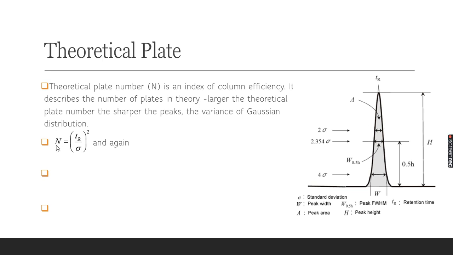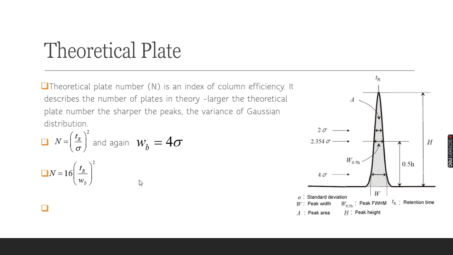So the number of theoretical plates is TR squared by sigma squared, and the width of this peak at half height, that is called WB, is equivalent to 4 sigma because of the nature and equation of the Gaussian distribution. So we can simplify this expression for theoretical plates: 16 into TR by WB squared.